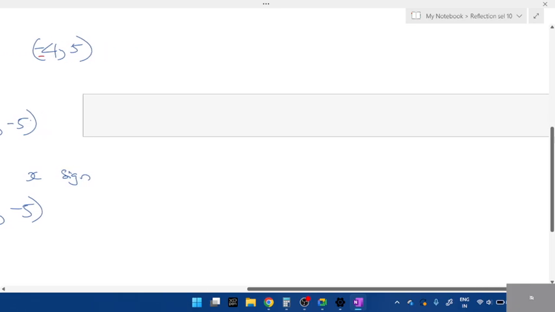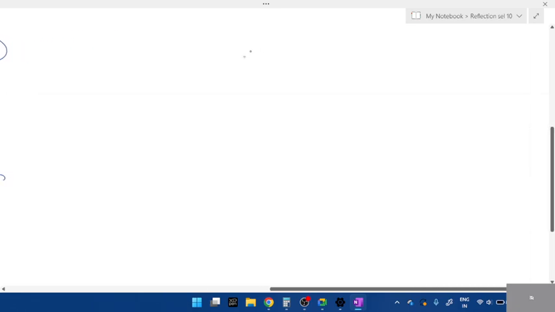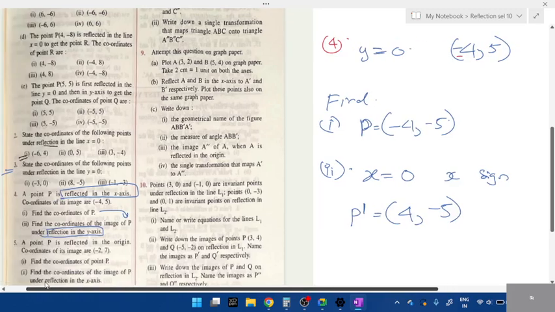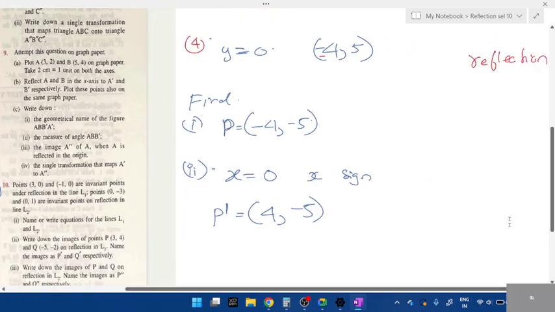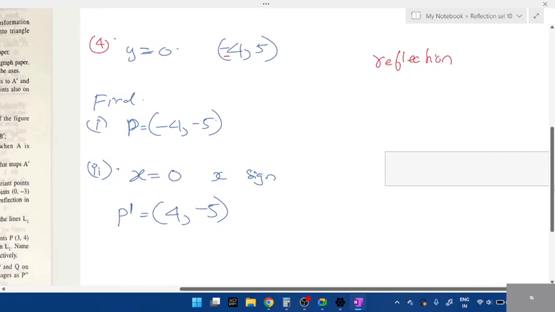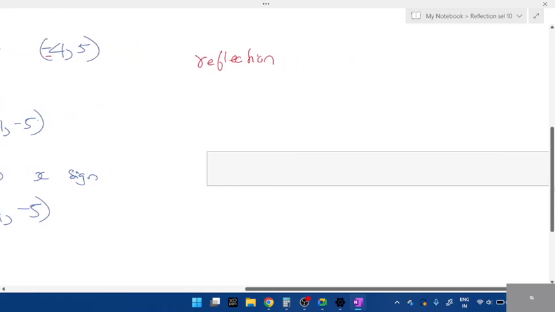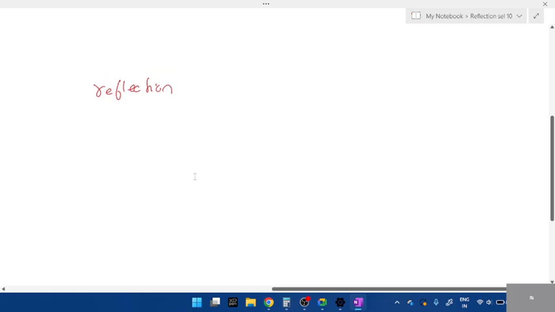Okay, now make a note of this, students. Look at the screen, all of you. Stop writing. This is the important part. Reflection. Each textbook, each question, or each teacher, the way they teach will differ.